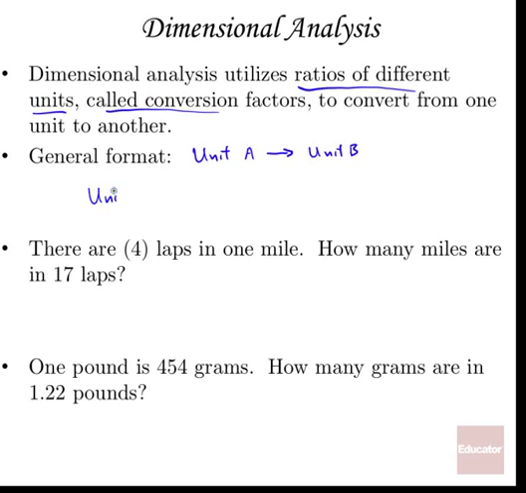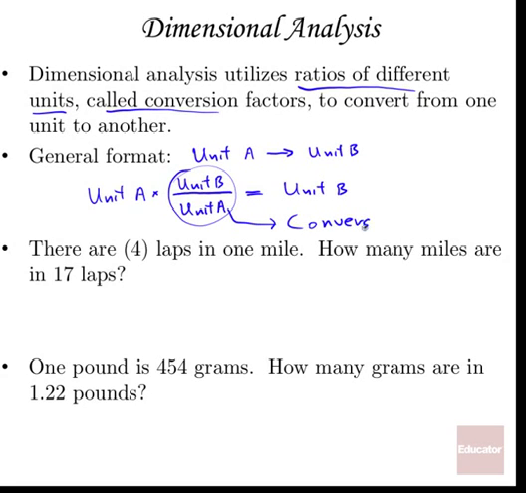We take unit A, multiply by this ratio, something over something, and that gives me unit B. Unit A goes downstairs to get canceled, and unit B goes upstairs to get carried through to the final answer. This ratio of unit B to unit A is what you call your conversion factor.